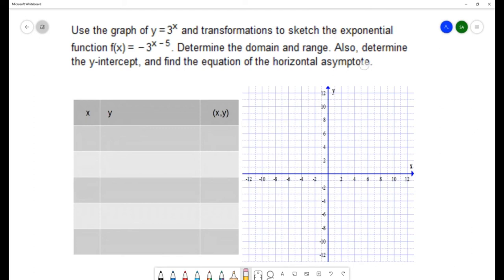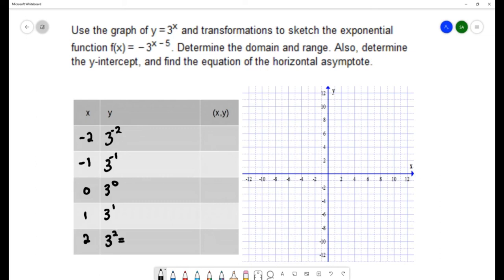So we're going to start by taking a look at the graph of y equals 3 to the x. I'm going to plot points to get those points on the graph. I'm going to choose a standard set, -2, -1, 0, 1, and 2. If I substitute that into 3 to the x, I'm going to get 3 to the -2, 3 to the -1, 3 to the 0, 3 to the 1, 3 squared.